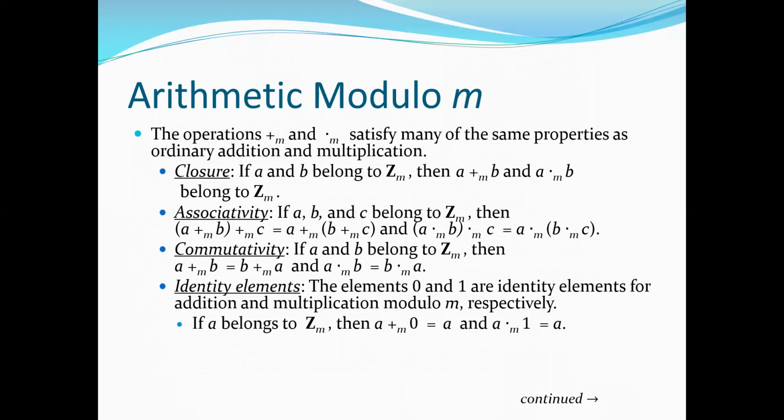For commutative, you could change or alter the order. And for identity, anything added to 0 is still A, and anything multiplied by 1 is still the same. A plus modulo 0 is A, and A times modulo 1 is equal to A.